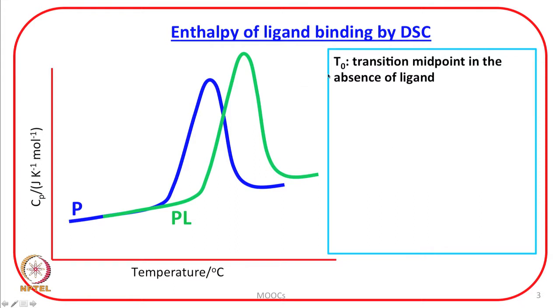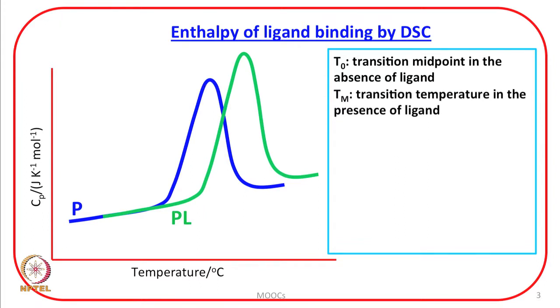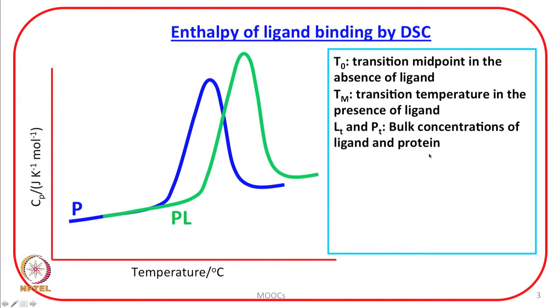Let us call T0 as the transition midpoint in the absence of ligand, that is for the blue line. Tm, the transition temperature in the presence of ligand, that means it is for the green line. Lt and Pt, the bulk concentrations of ligand and protein.